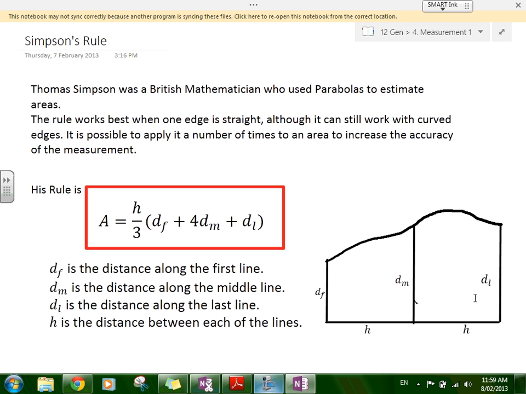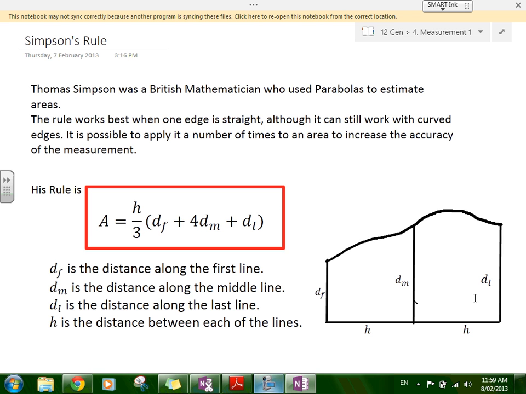There's no particular shape to it, no pattern, it just is what it is. You can use it with two curved edges, it just doesn't work this way. It's not as accurate an estimate as with a straight edge, but it'll work with what you've got. And it's also possible to apply it a number of times.